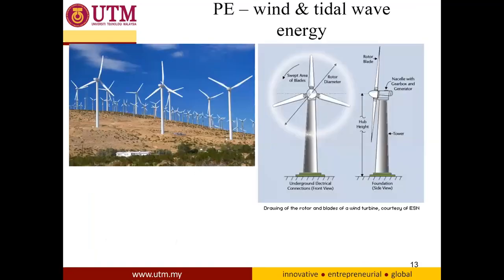And this is a wind turbine. And for your information, our country, Malaysia, is not very suitable to use this wind turbine because most of our wind speed is below the minimum speed required to move the blade of the wind turbine here. The minimum speed is 3 meters per second. So our wind speed in Malaysia average is 2.5, I think, meters per second.